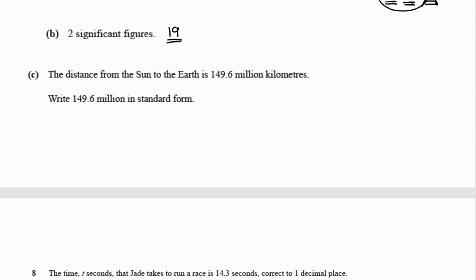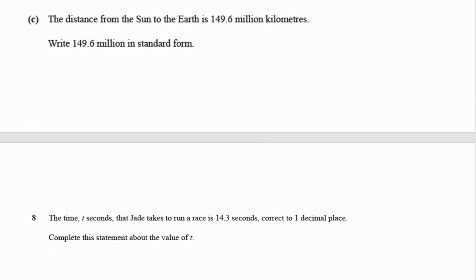The distance from the Sun to the Earth is 149.6 million kilometers. And we want to write this in standard form. Now, million can be thought of as timesing by 10 6 times. So this number is 149.6 times 10 to the power of 6.